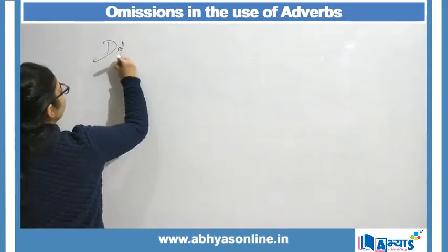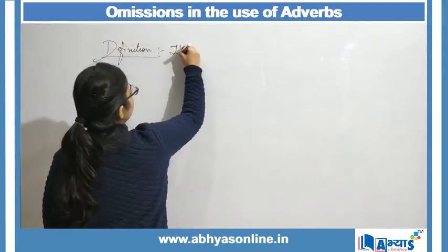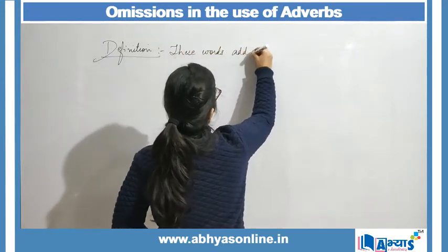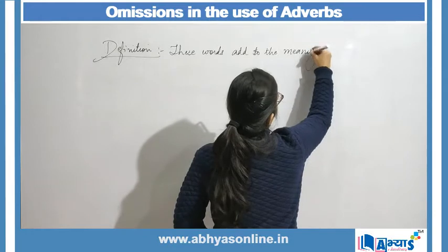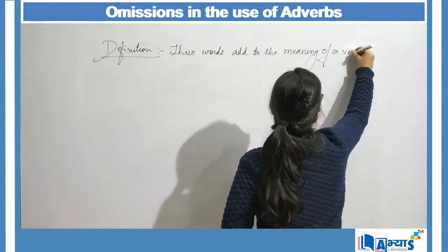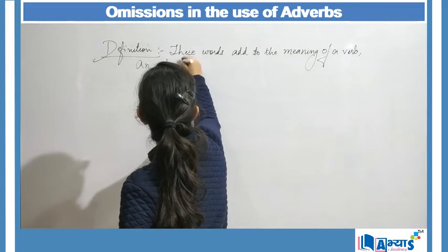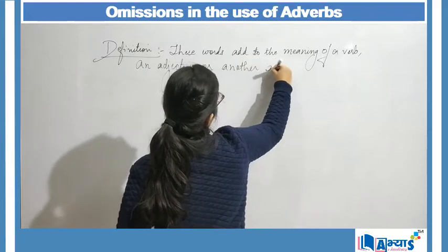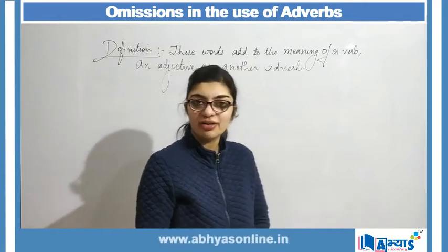The definition will be like, these words add to the meaning of the verb, an adjective, or another adverb. Even one adverb can change the meaning or it can modify another adverb.